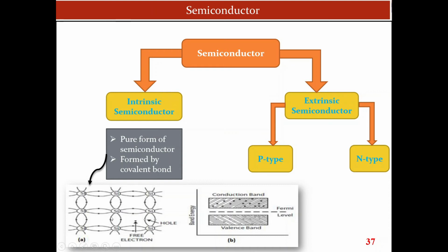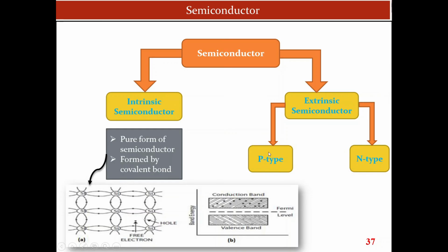You can also have germanium. When you come to the extrinsic semiconductor, it's not a pure form. In this case, there is addition of impurities. Due to the different types of impurities added on the intrinsic material, we again have 2 types. The first one is P-type, the second one is N-type. When do we say P-type?